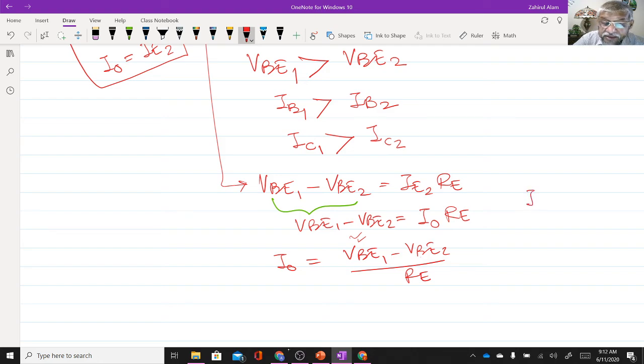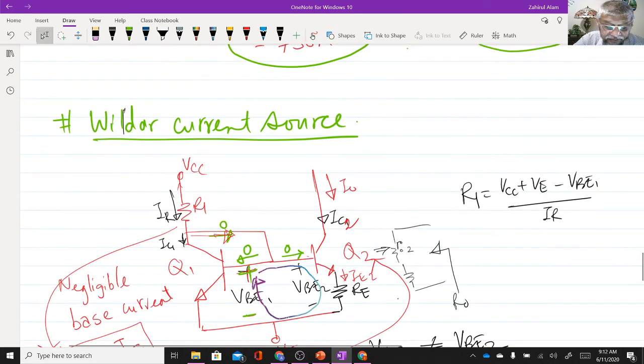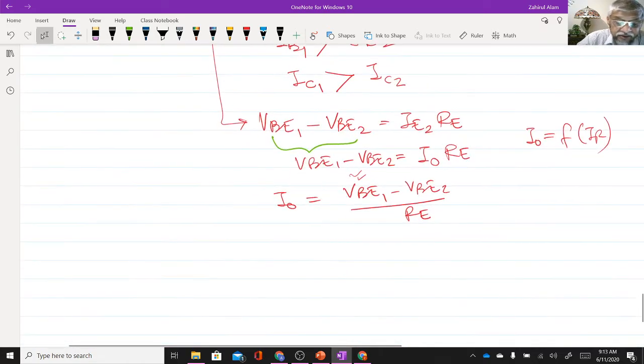But our target is to find I0 as a function of IR. So now how to solve? We cannot apply KCL for this particular case. So now we need to use the basic theory.